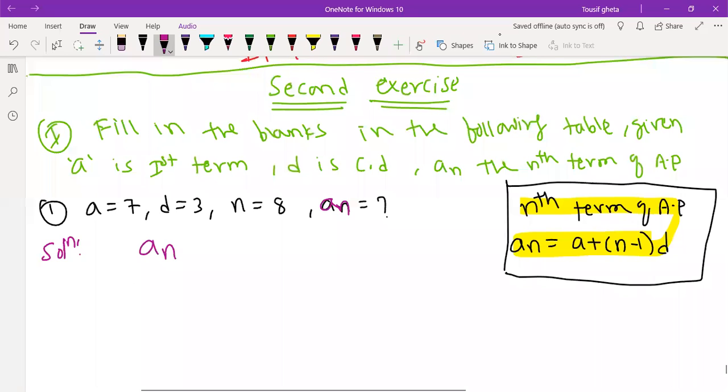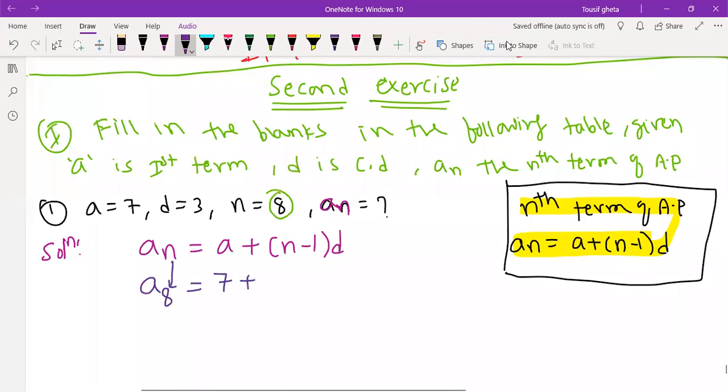An is equal to a plus n minus 1 into d is the formula. So we need to find out an. Here you can see n is equal to 8 they gave. So you write here a8, as n is equal to 8 they gave. a is equal to 7 they gave.